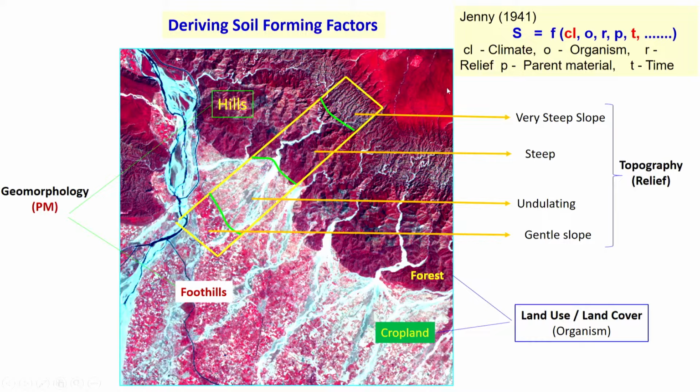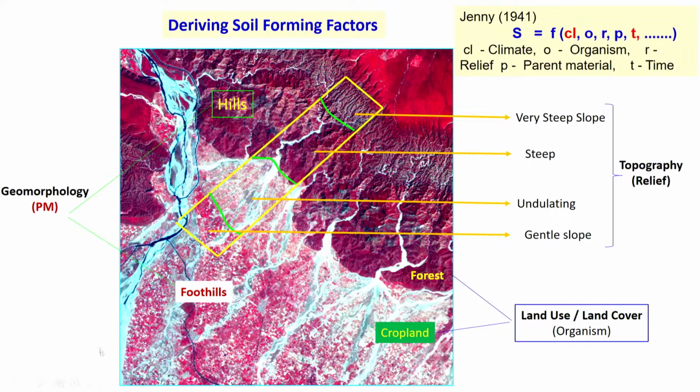Suppose I want to prepare a soil map of this area, in one district or in a small area, climate is not changing much, and time is also not changing much. So both factors you can deny. They are not governing the variability in soils, so you can assume them as constant factors. So only three factors: organism, relief, parent material, govern the variability in the soils.